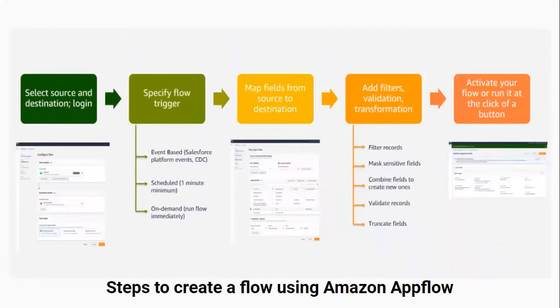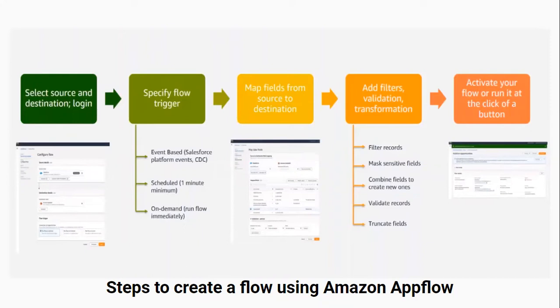So here are the steps to configure any flow. It just takes a few minutes to create it, starting with naming the flow. Give it any specific name, relating to the work the flow will do. Then, as I said, we specify the source and the destination for our flow. The next step is to specify a trigger mechanism. There are three types of trigger mechanism.